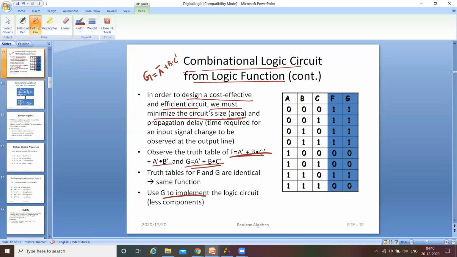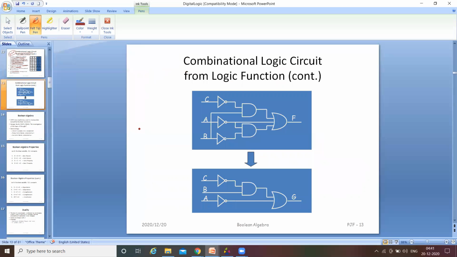We need to reduce area and propagation delay, the time required for the input signal change to be observed at the output. See, 6 gates are there, so definitely more time is required. Whereas if it is only 4 gates, definitely less size is required. The size will be reduced, and the time taken by the circuit also decreases. This way we have to implement the logic circuit.